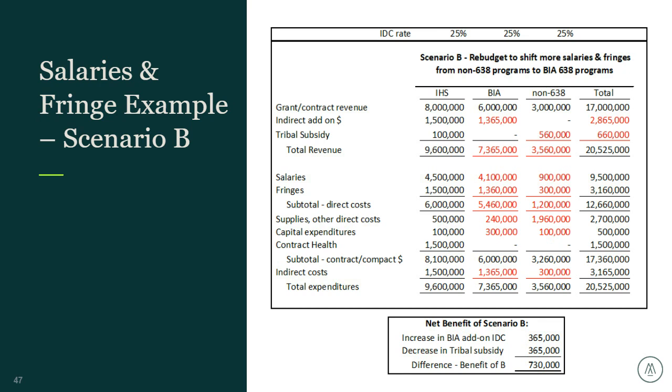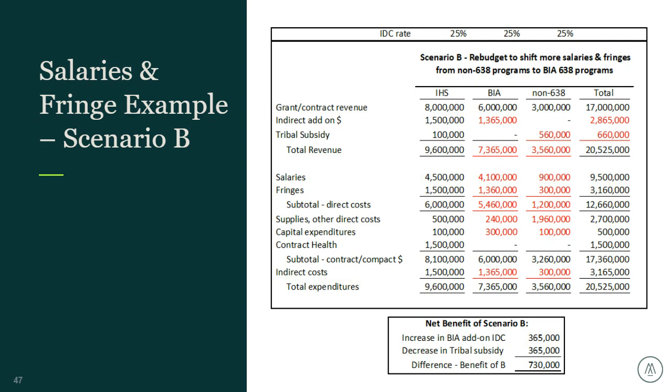So the benefit of using this scenario, when we are shifting salaries from non-638 to BAA program, would lead to a decrease in the tribal subsidy of approximately $365,000.